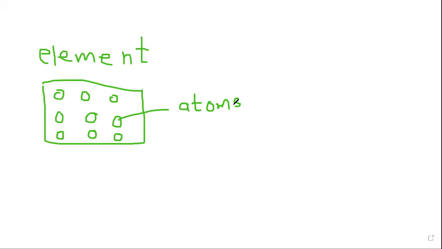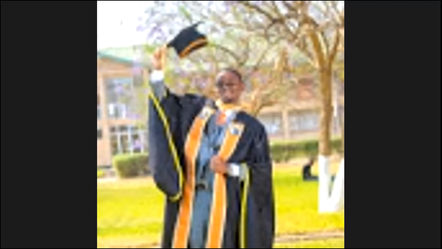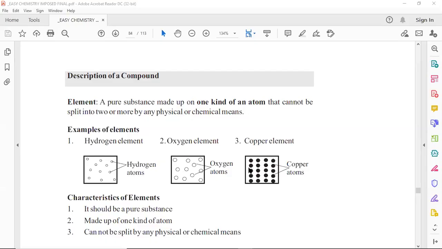Now, how does a compound come in? Let's refer to our notes. Once we have an element, like we have here, we'll look at hydrogen.